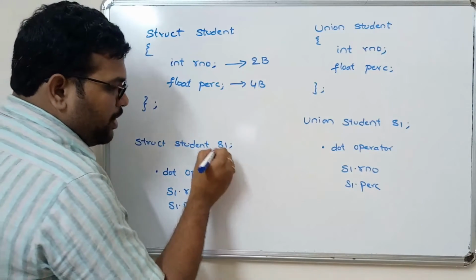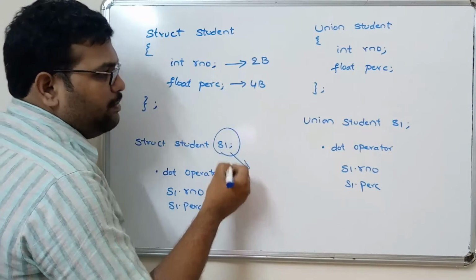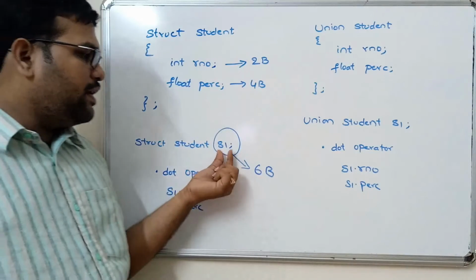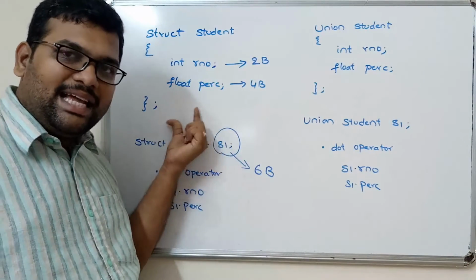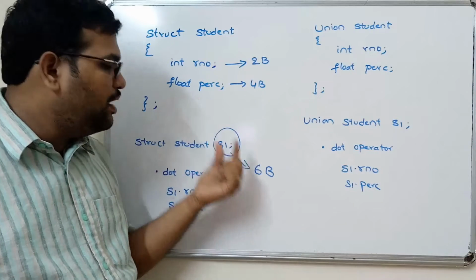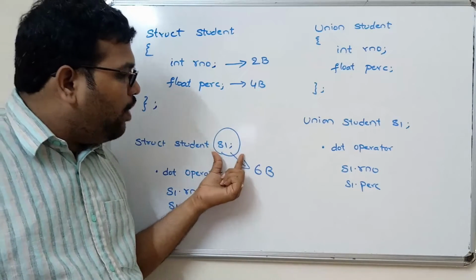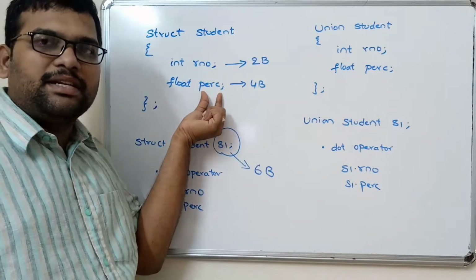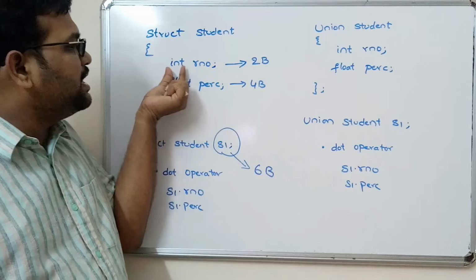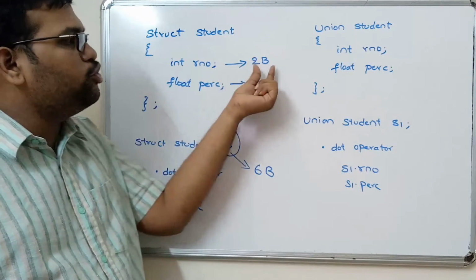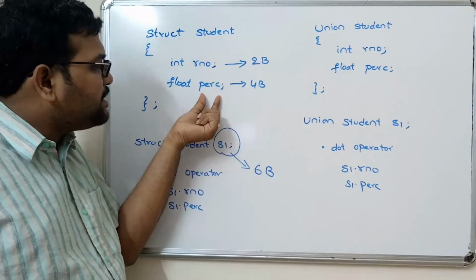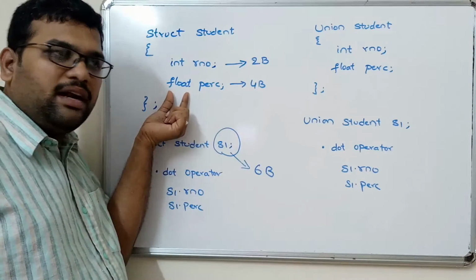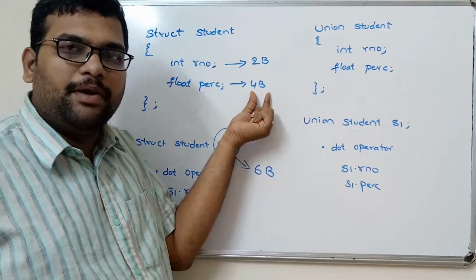So the total memory occupied by this structure variable is 4 plus 2, that is 6 bytes of memory to store rnumber and percentage, because rnumber is declared using integer which occupies 2 bytes, and percentage is declared using the float data type which requires 4 bytes.